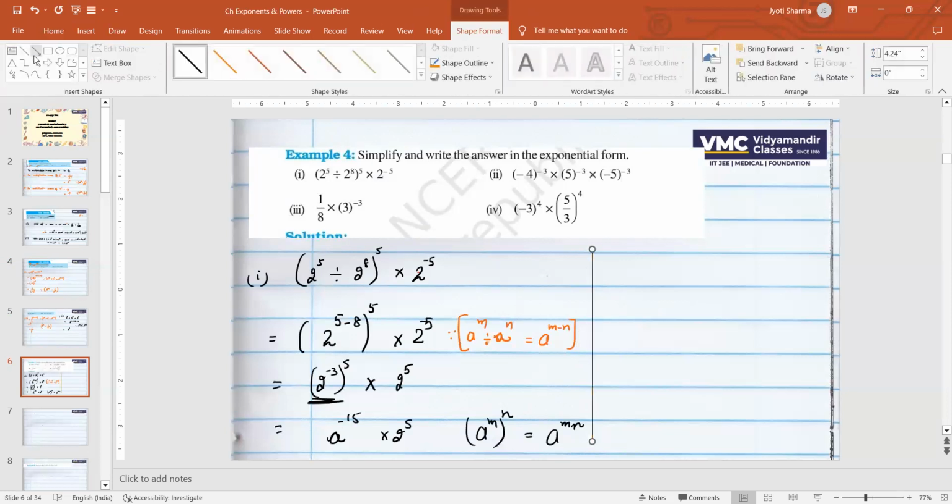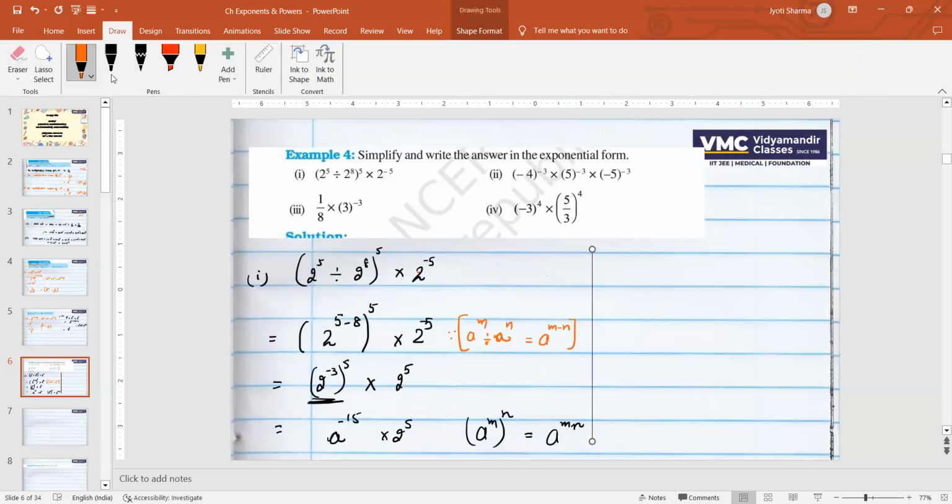Sorry, I have written A here, it should be 2. So here it should be 2 raised to the power -15 plus -5. Sorry, one more error has been made. This is plus minus 5.